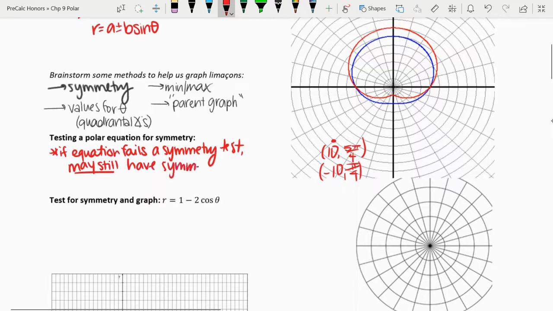So it's not like in chapter 1 where if we used a test and it didn't work, there was no symmetry. There might still be symmetry here. So we want to think about point options to test. And we will do an example right here.